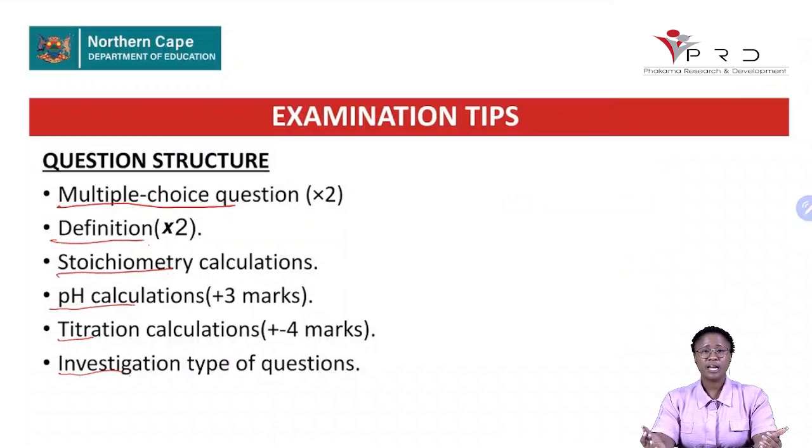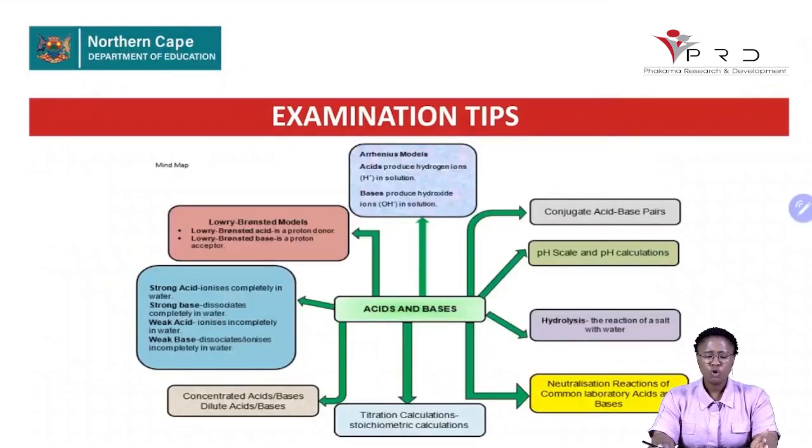The examiner likes questions asking about titration: what is the investigative question, what can you say as a conclusion, what could be used as a controlled variable. Those are the things you need to familiarize yourself with.